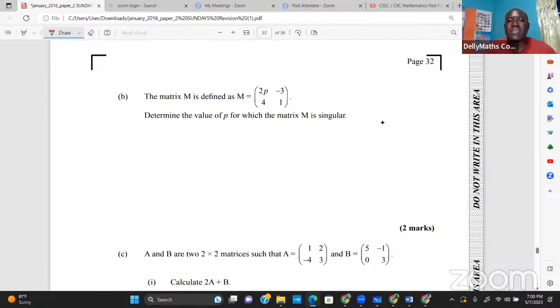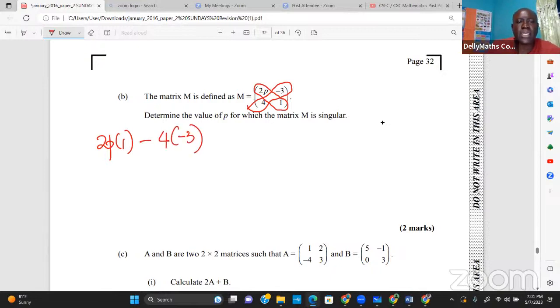Now, what do we know about a singular matrix? We know that the determinant of a singular matrix, which is the product of the main diagonal minus the product of the other diagonal, should equal 0. So in other words, 2p times 1 minus 4 times -3 is equal to 0.